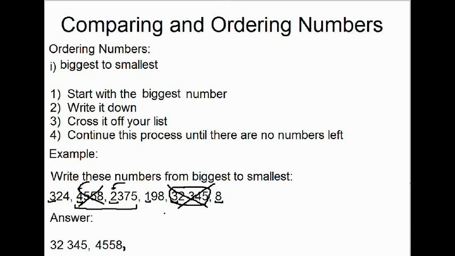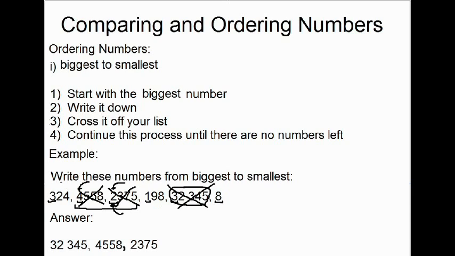Continuing on, the next biggest place value that we still have is our thousands. This number has a 2 in the thousands place. There are no other numbers with anything in the thousands place, so that has to be our next biggest number. Again, now that we've got that on our list, let's cross it off. Now we've only got 3 numbers left.